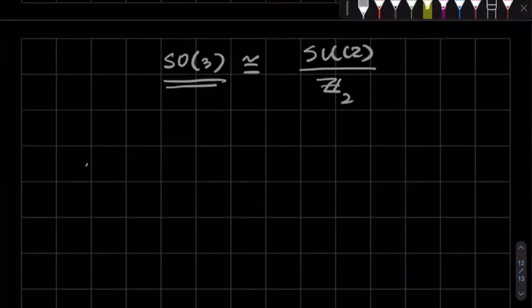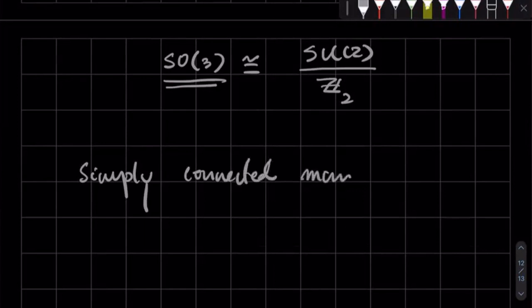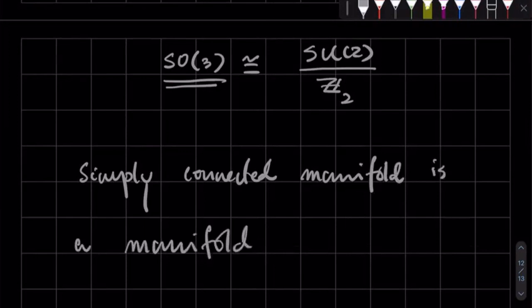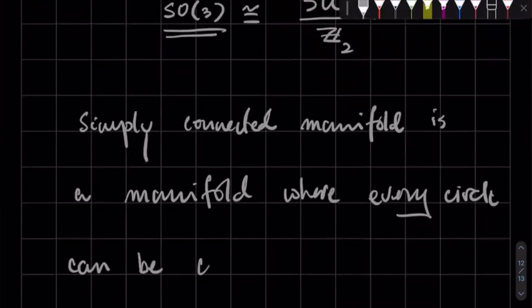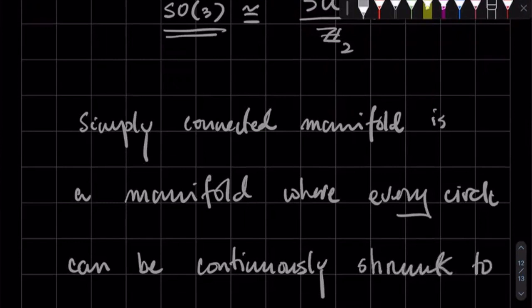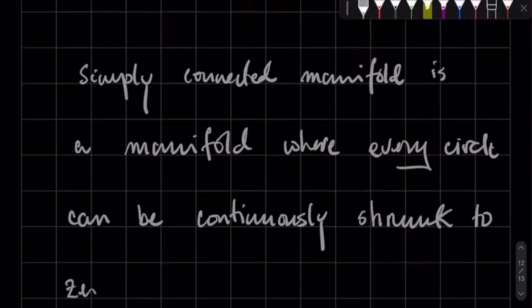A simply connected space, or let's say manifold, because that's what we're discussing, is a manifold where every circle can be continuously shrunk to 0, to a point.